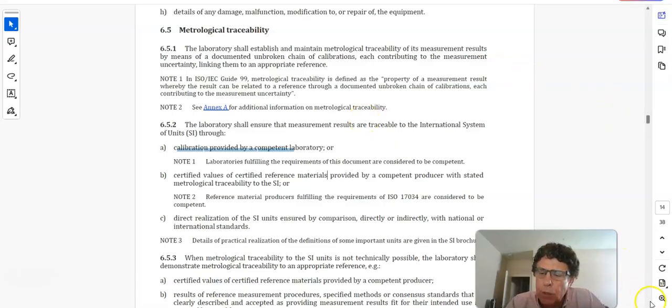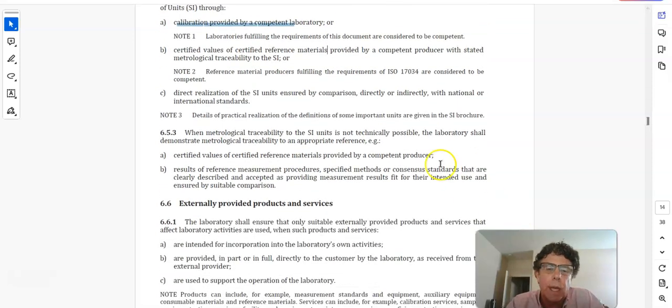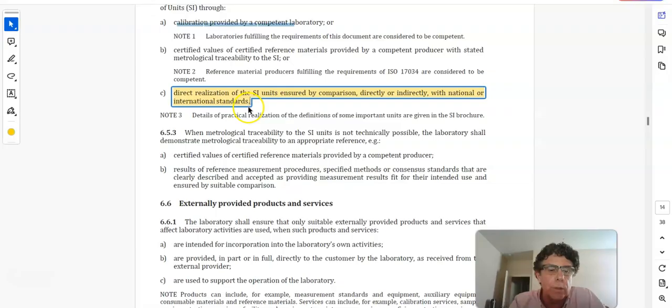Then it gets into the weeds of, when metrological traceability to the SI units is not technically possible, the laboratory shall demonstrate metrological traceability to an appropriate reference. And this is where we start using a competent producer, and we do the indirect way of checking measurement traceability.